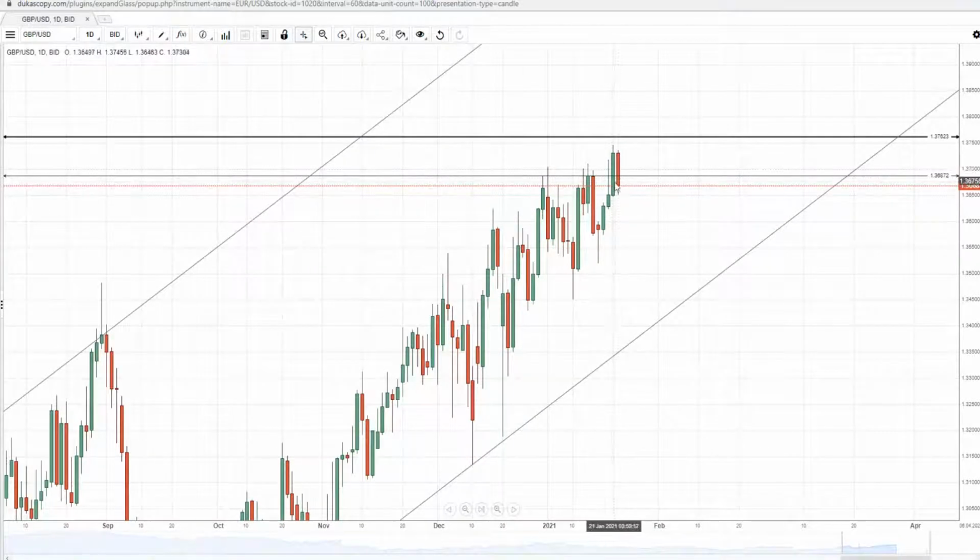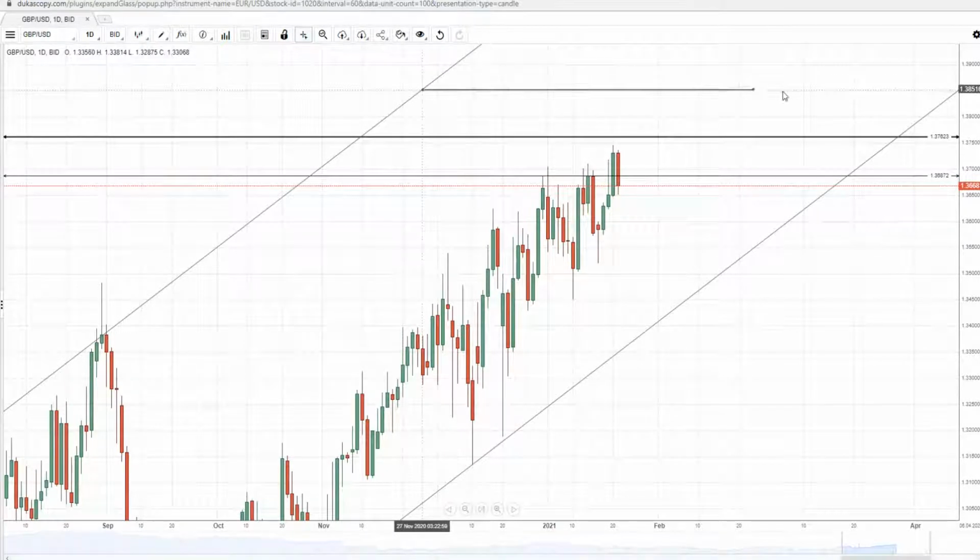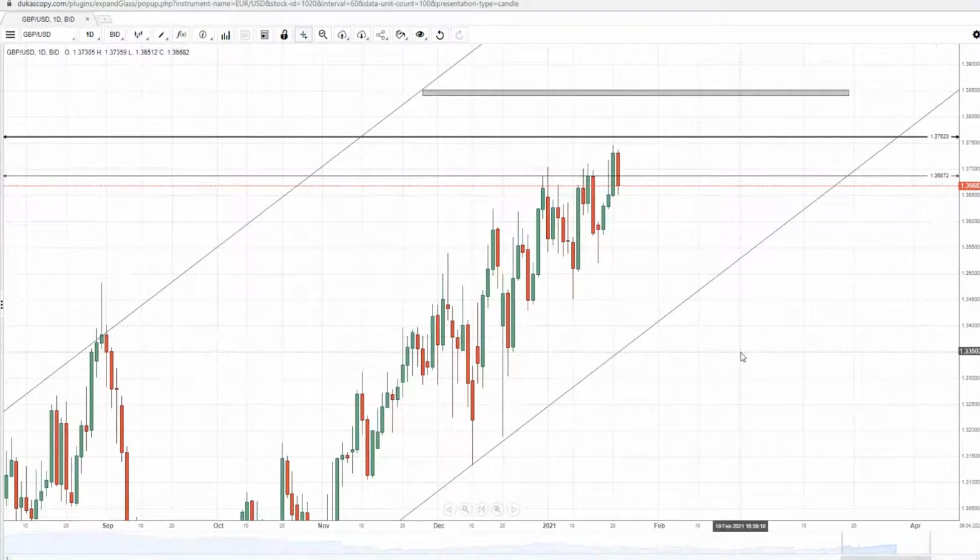If this current daily candle closes above this resistance level, then I am sure the British pound USD will aim at more or less this region next week, 1.38500.